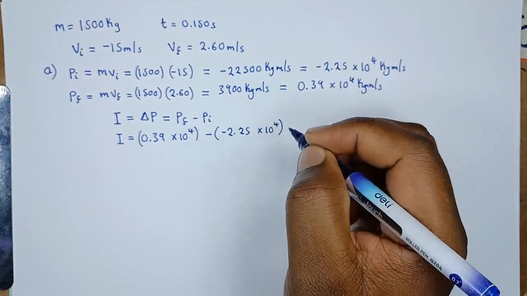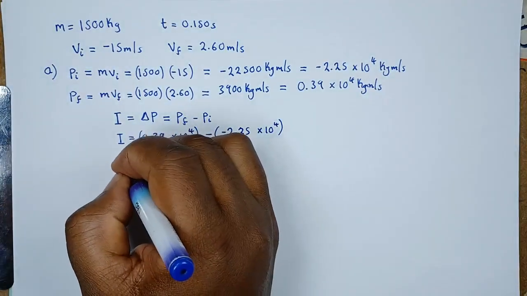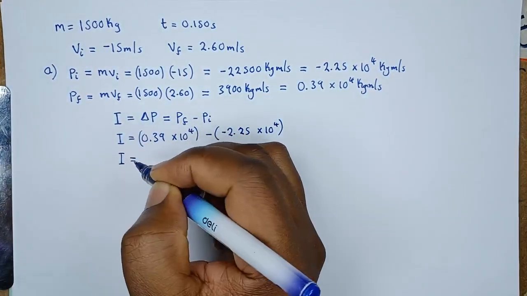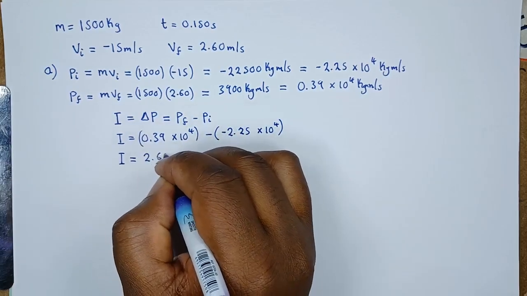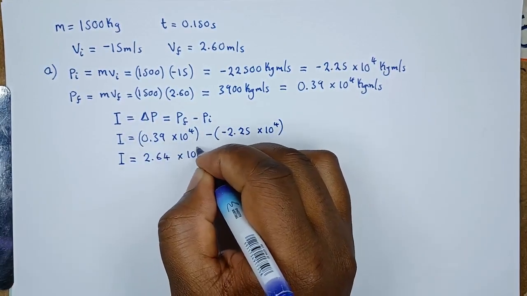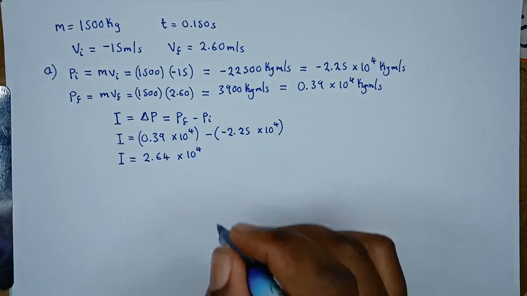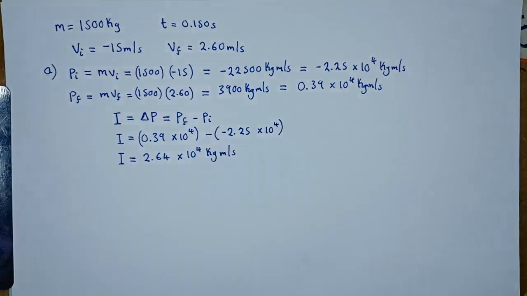If we compute this, what we'll get as the impulse is simply 2.64 times 10 to the power 4 kg meters per second. The other unit for impulse is of course Newton second, that is if you multiply a force and the time.